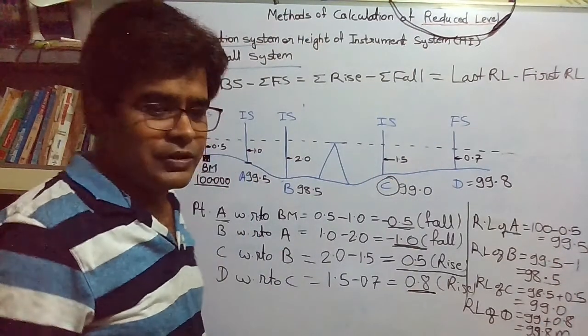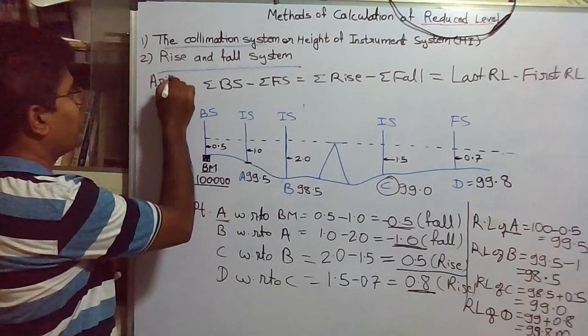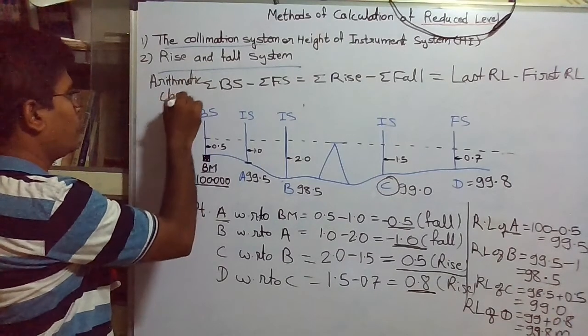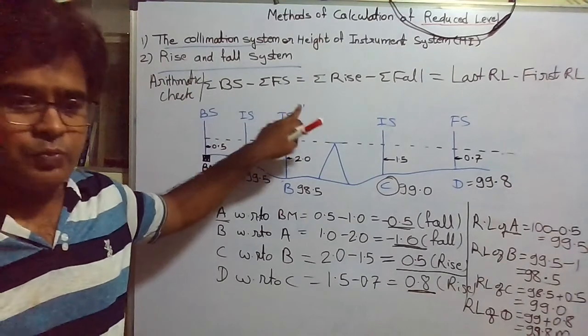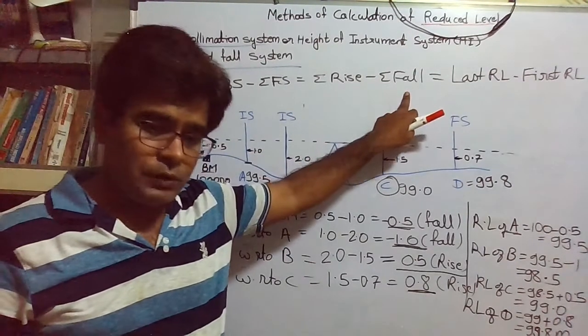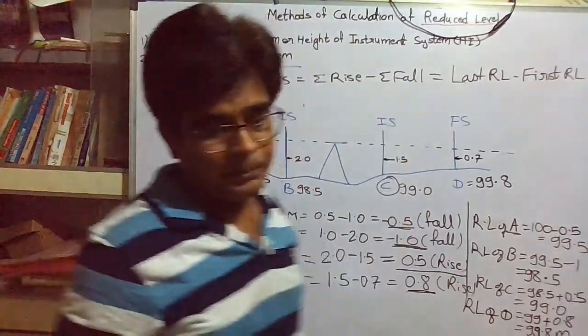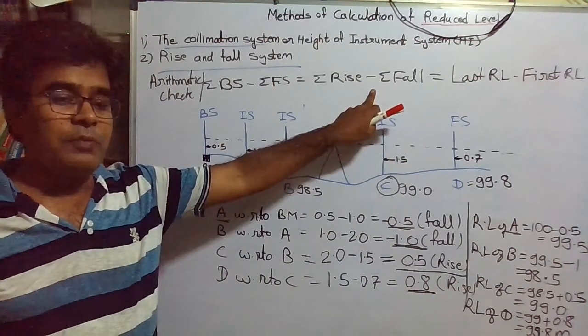Okay, that is the arithmetic check for the rise and fall method. This is called the arithmetic check. Summation of backsight minus summation of foresight should be equal to summation of rise minus summation of fall, and that should be equal to last RL minus first RL. So whenever we do calculation, at the last we have to perform this check.